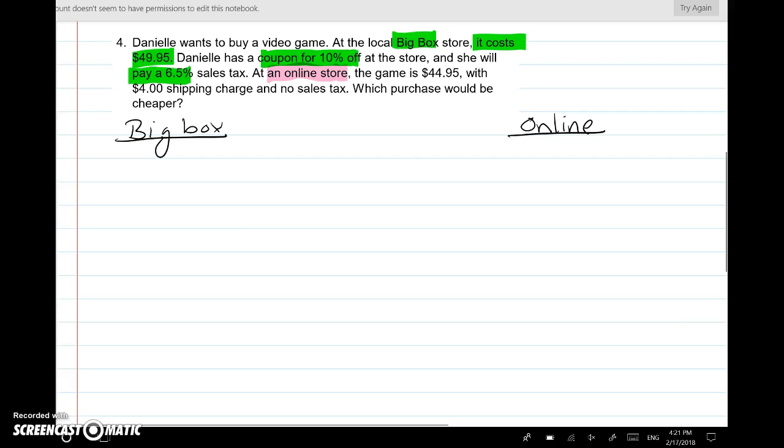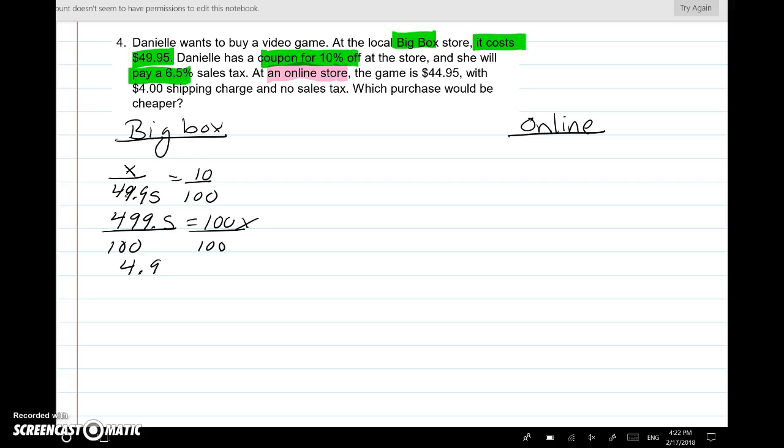So we're going to start with our $49.95, and she has a 10% coupon. So x over $49.95 equals 10 over 100. That's going to give me 499.5 equals 100x. Divide both sides by 100. And that's going to give me 4.995 equals x.